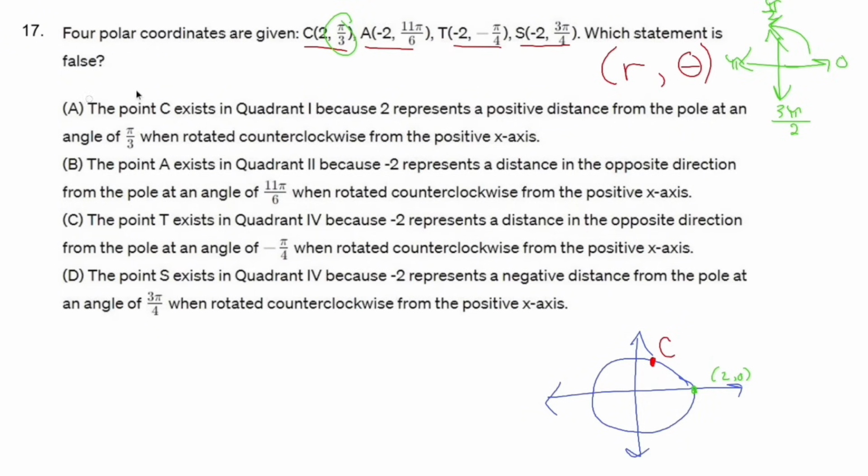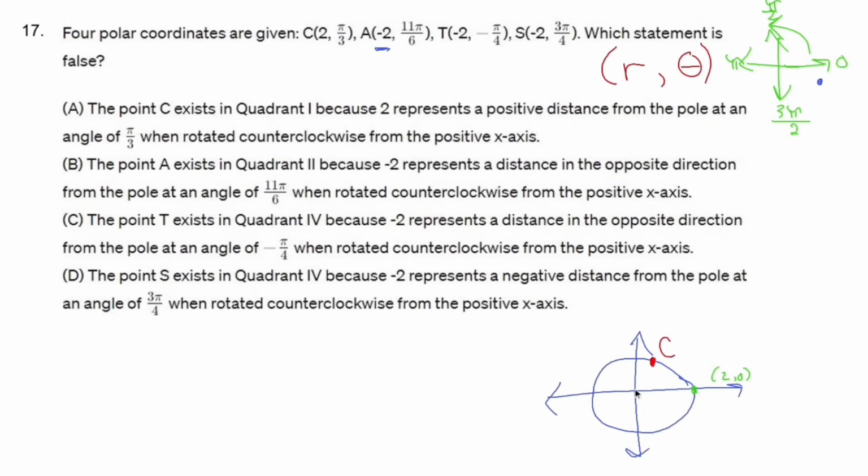Now, if I were looking at these and thinking negative radius, what does that mean? Negative r. Well, let's figure out what pi over 6 is first. Pi over 6 is way down here, so I'm going all the way counterclockwise to way down here. Okay, but since this is negative 2, I'm not going to put a dot here.